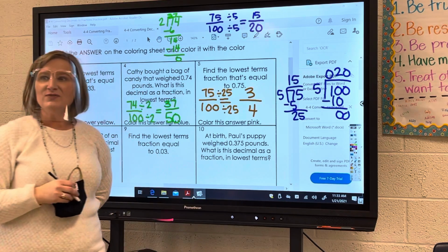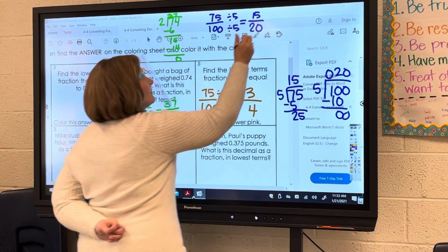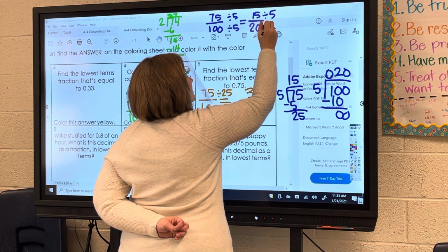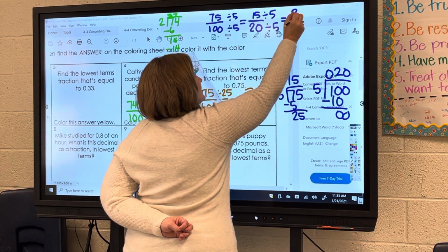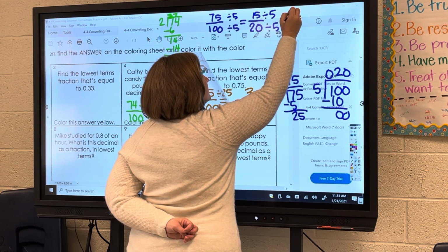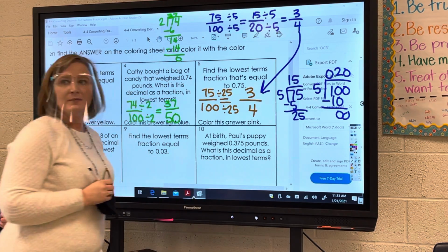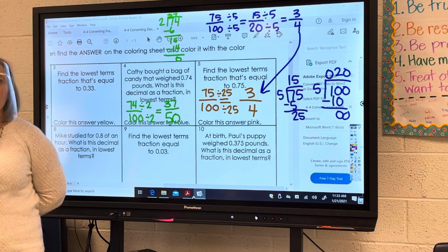Now, can I divide 15 and 20 by something? 15 divided by 5 is 3. 20 divided by 5 is 4. So, did we get the same thing? Yes. It just took an extra step, and that's okay.